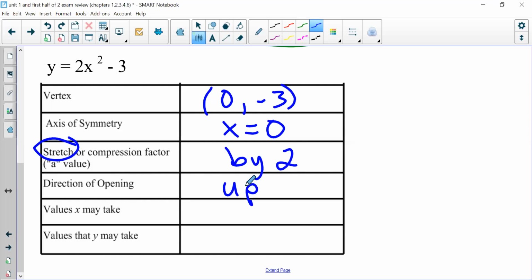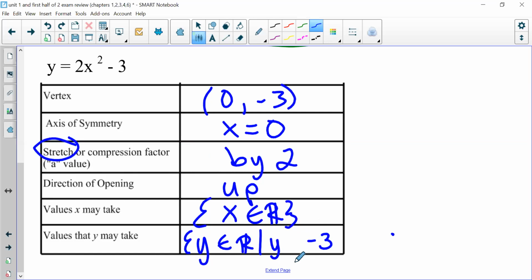Fantastic. And then it'd be the squiggly brackets with X, E, R. And then the next one is the squiggly brackets with Y, E, R, then I don't know what that line is called, and then y to like it's negative is -3, so it's, I don't know, which way is the parabola opening?